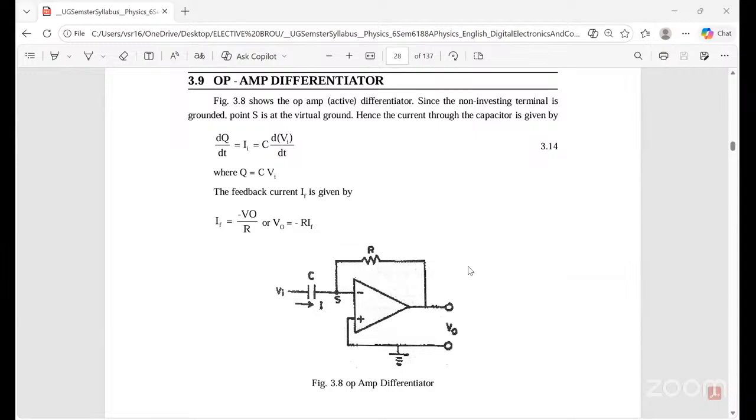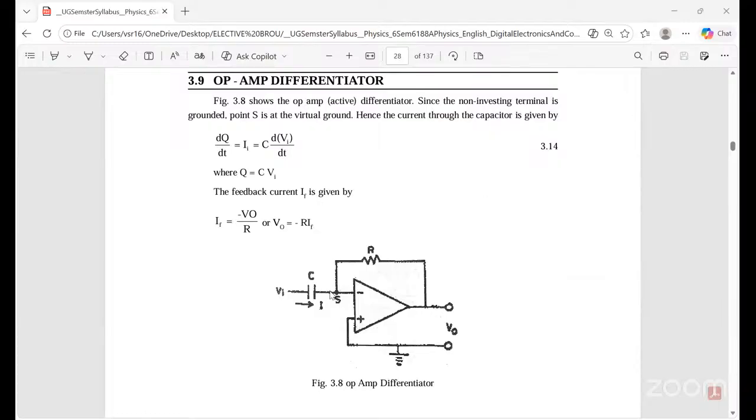That you need to understand. The non-inverting terminal is grounded, and the S point is a virtual ground.